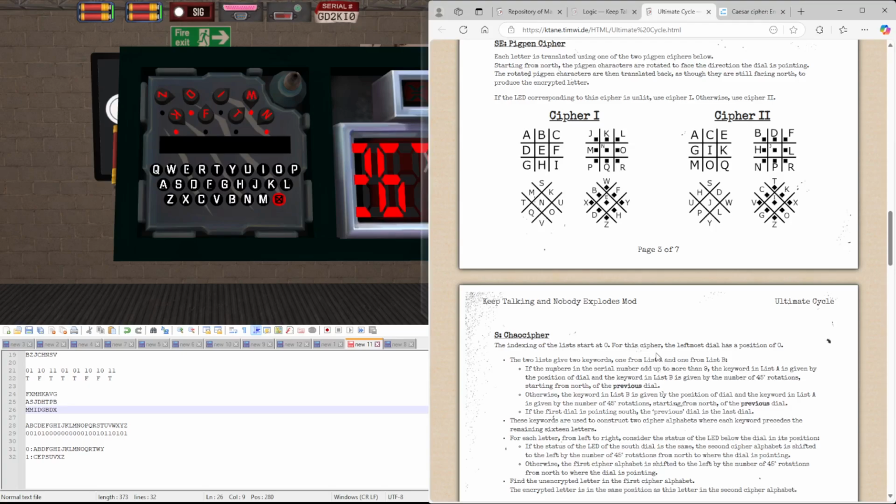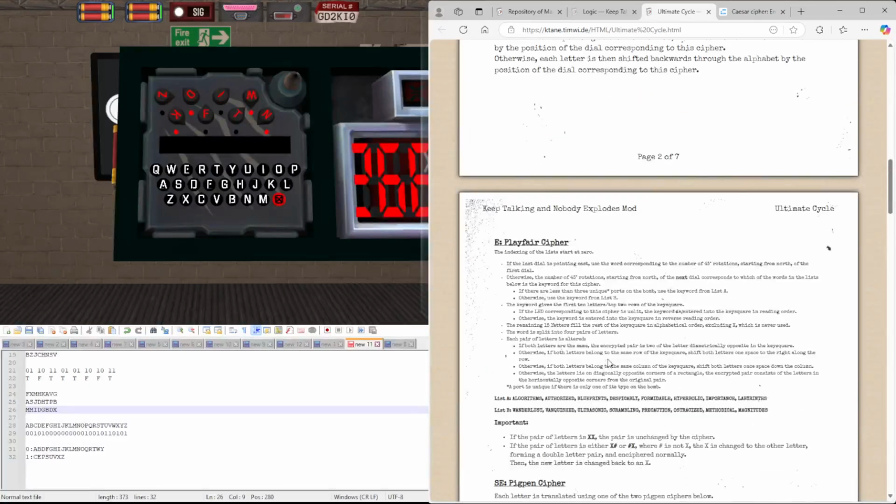Now we have east, Playfair cipher. Well, if the last dial is pointing east, then the number is the degree rotation starting from north. The next dial corresponds to which was in the list.